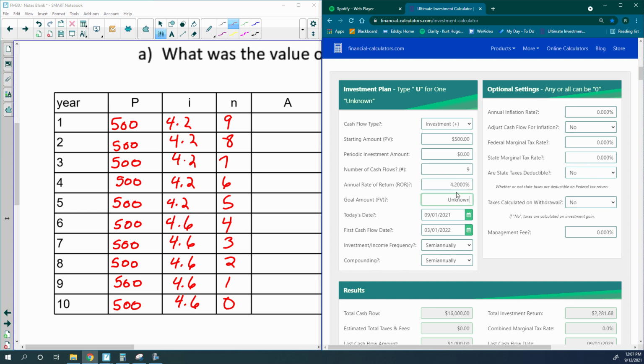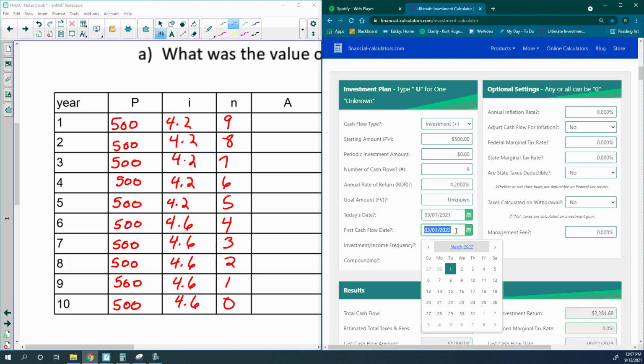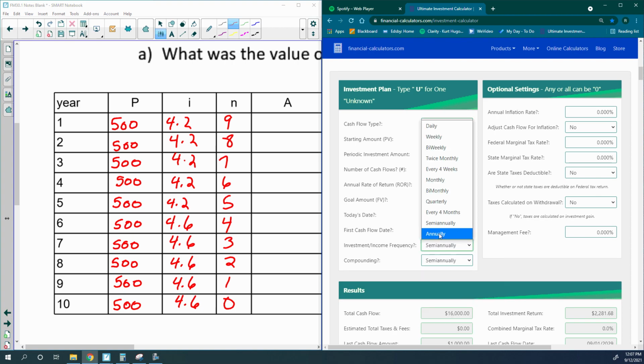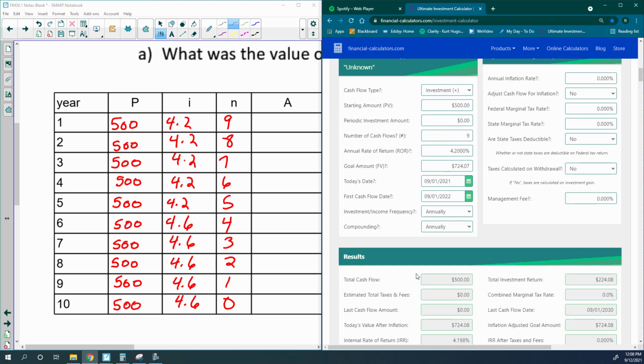The goal amount is the unknown. These are done annually, so the first date is the first of the month, and the second date is going to be a year later, 09/01/2022. Compounded annually, so my drop-down menus are going to be annually. I've got everything the way it's supposed to be. I'm going to hit calculate, and it works out to be $724.07.